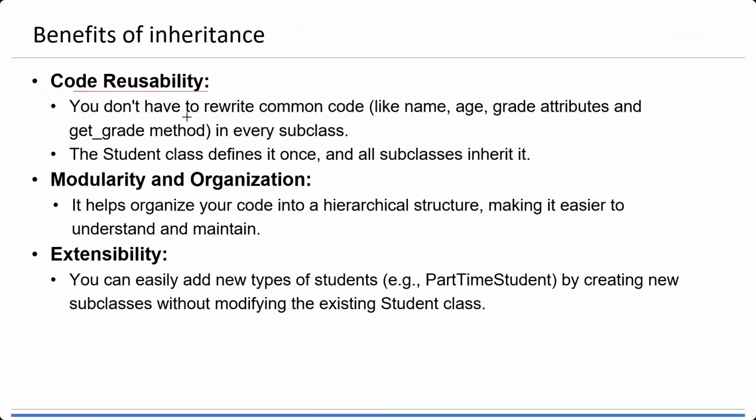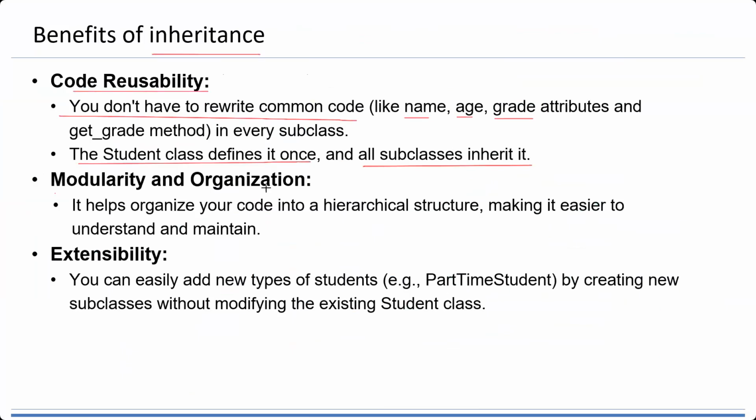You don't have to rewrite the common code: name, age, grade, they are common. When you use the inheritance, you don't need to rewrite it. You have the student class one time and all subclasses inherit it.